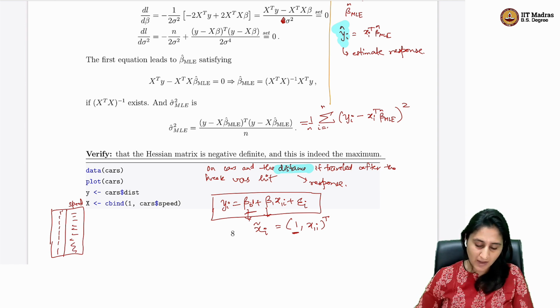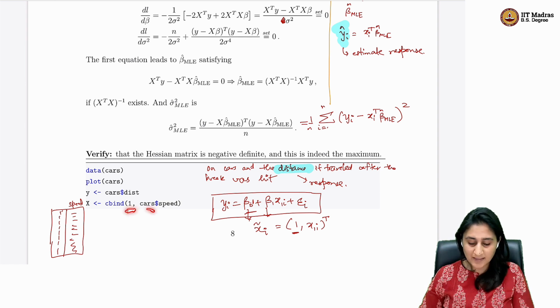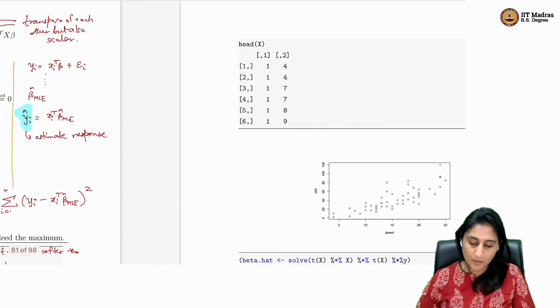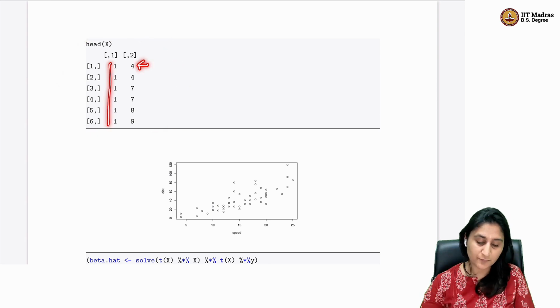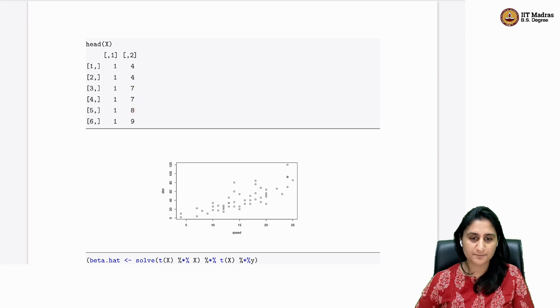So this is why I take cbind, which means column bind, a column of ones and the speeds itself. So that creates my X matrix. If I just look at X, I just see a column of ones and the speed. This was 4 kilometers per hour, 7 kilometers per hour, 7, 8, 9 kilometers per hour.